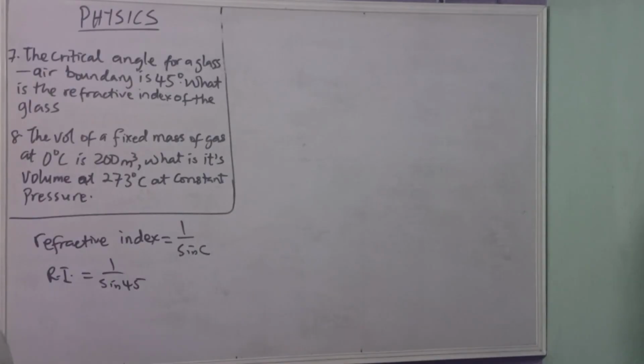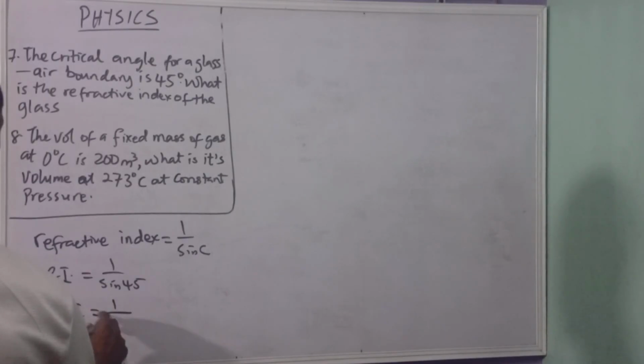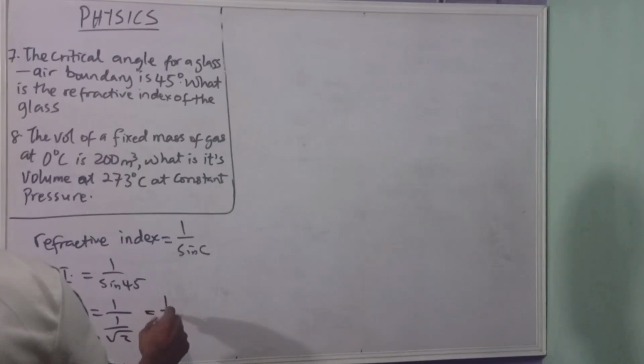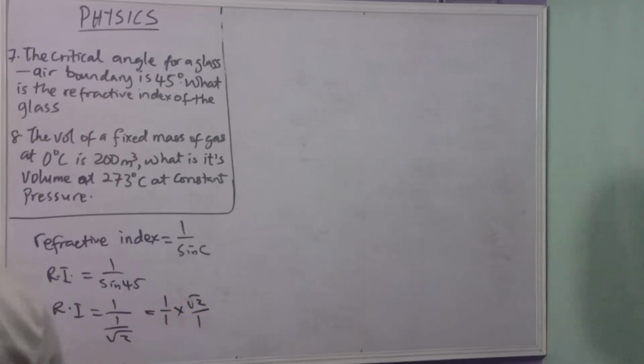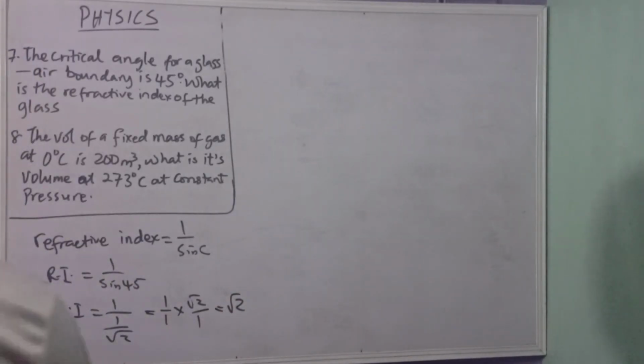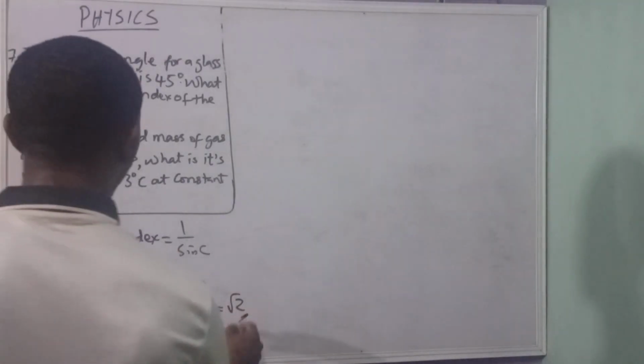We know sine 45 to be 1 over root 2, so our refractive index becomes 1 over 1 over root 2. Rationalizing, we have 1 times root 2 over 1. So this gives us root 2.